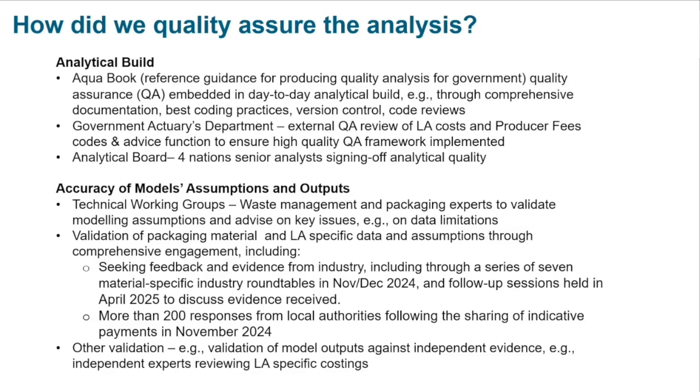That is available on the internet if anyone wants to read through it. It might make some interesting bedtime reading. But we've embedded the processes from that document into our team.